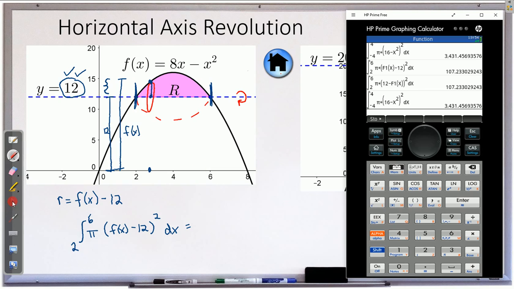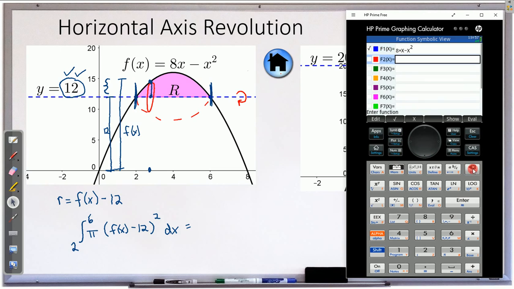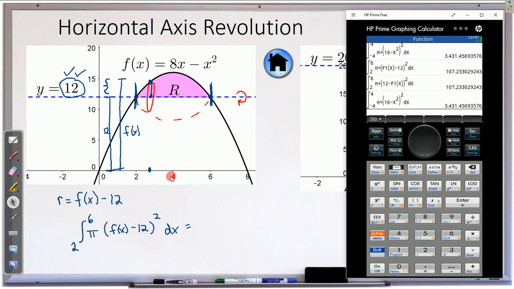For this one, it's a little bit more complicated. I would recommend typing the equation in. 8x minus x squared. And then when you type this in with the integral, you can actually use the f of x.